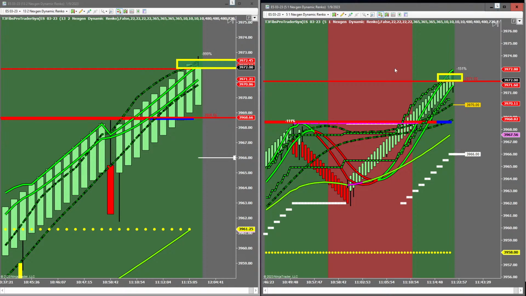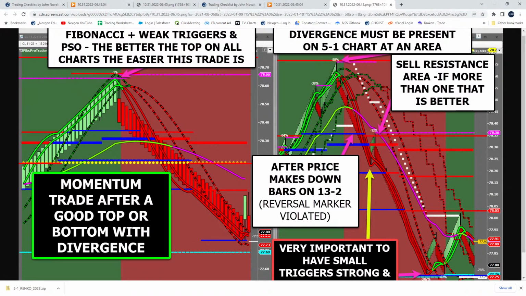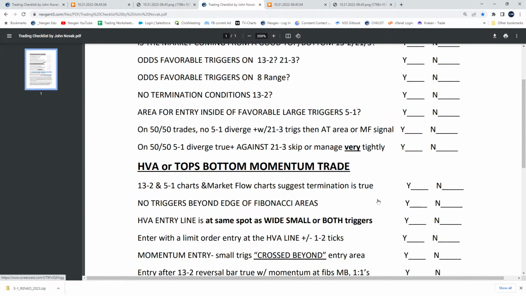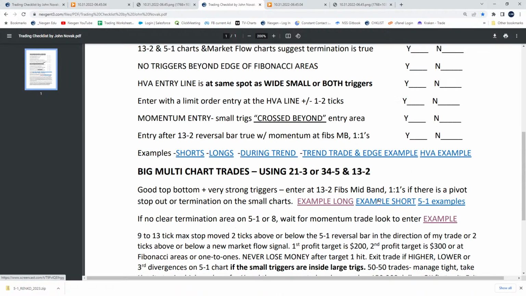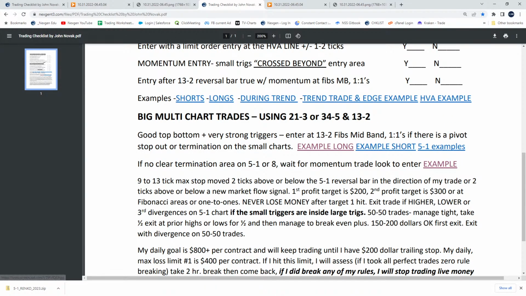If you say it's a good bottom, but, let me double check. I'll check my rules. My rules say, if it's a good top or bottom and very strong triggers, enter at the 13.2 fibs or midbands and 1-to-1s.